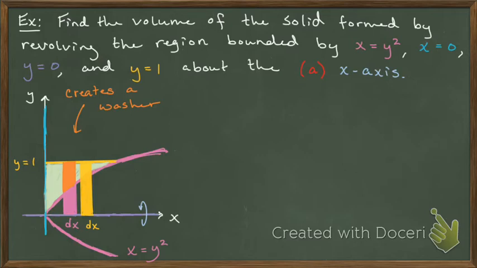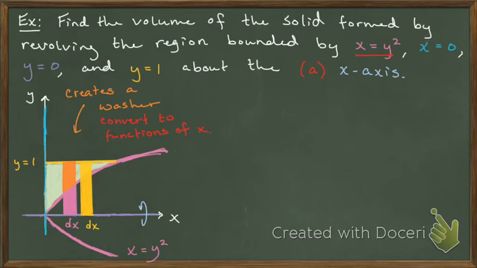But these are dx slices, and that's very important, because the dx goes at the end of my integral, which means everything inside the integral has to be in terms of x. But my function here is described as a function of y. So I need to convert to functions of x, which actually isn't too difficult in this scenario.